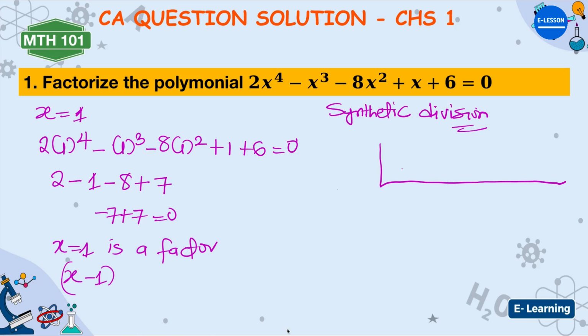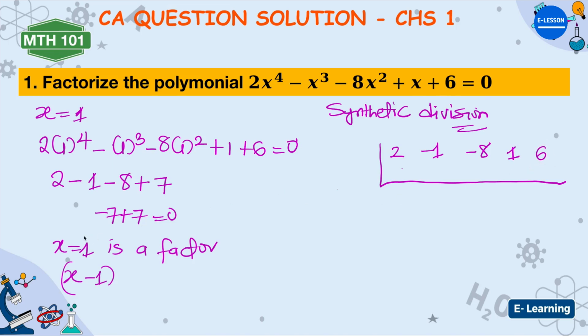The coefficient of x raised to the power of 4 is 2. Then for x cubed, the coefficient is minus 1. For x squared it is minus 8. For x it is 1. And then the other value that we have is 6, which is a constant.